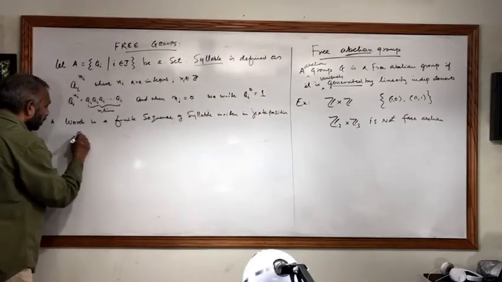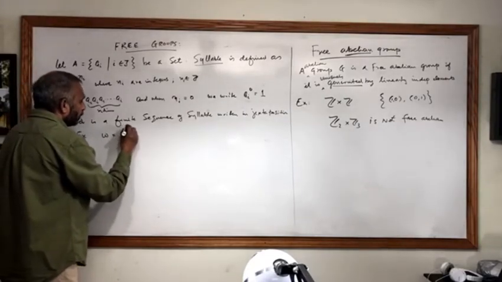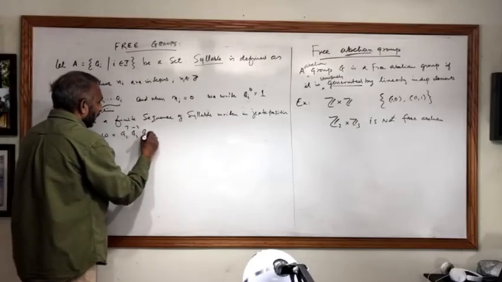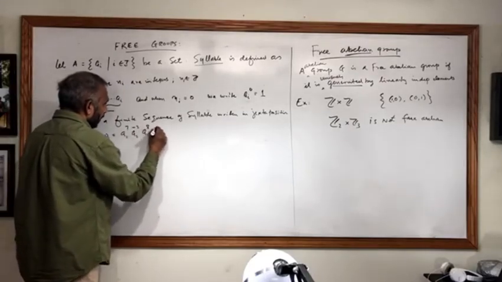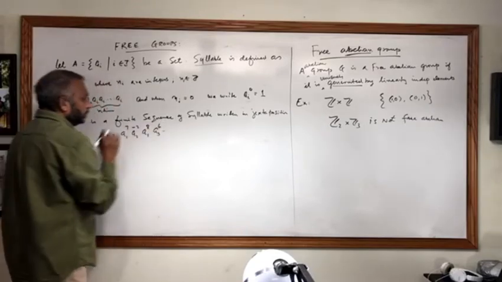Example: word w equal to a1^7 a2^-2 a1^8 a3^6, something like that.